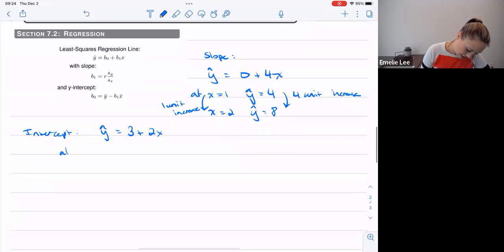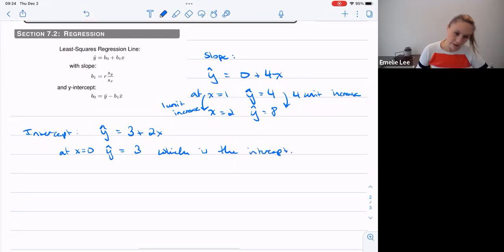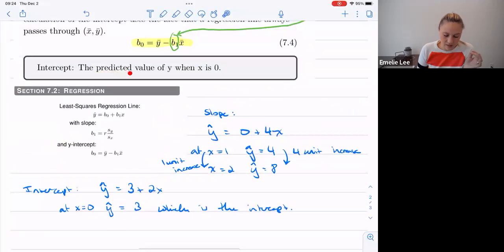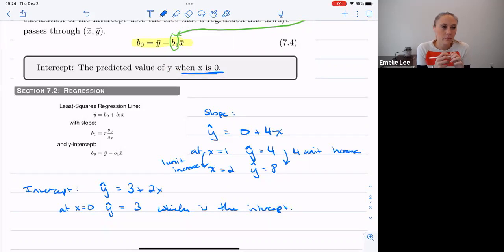At x equals 0, y hat equals 3, which is the intercept. And so that gives us the interpretation of the intercept. So the intercept is the predicted value of y when x is 0. It's really important that we say this, when x is 0. Okay.